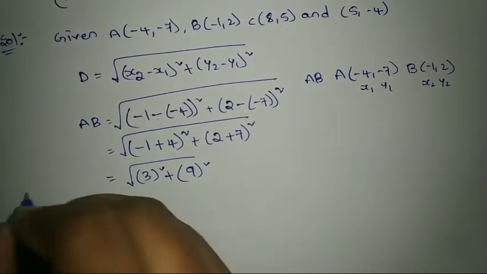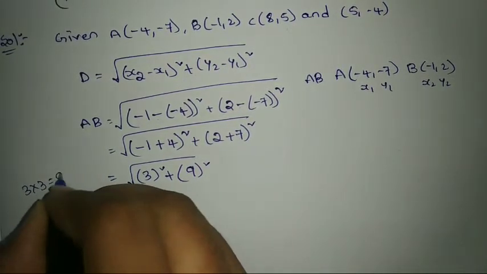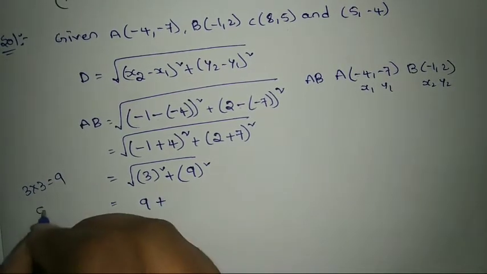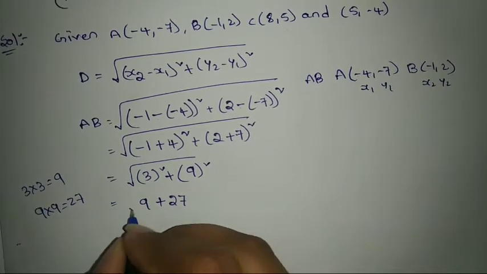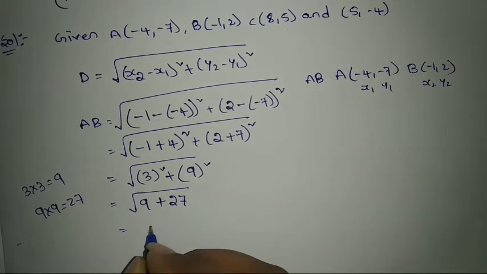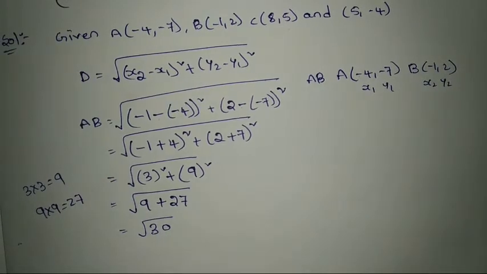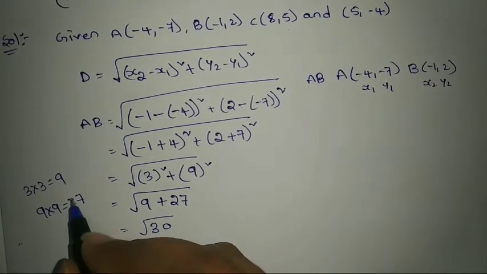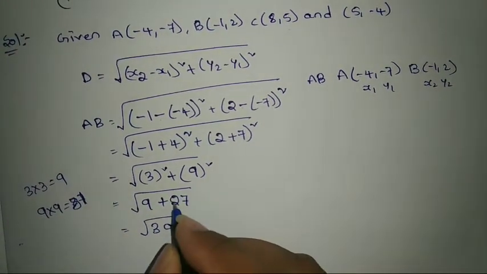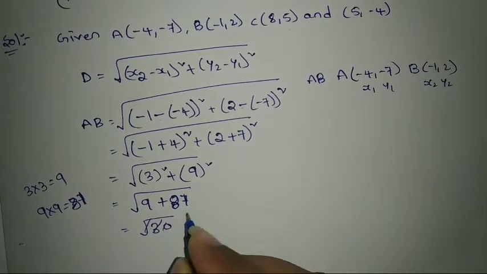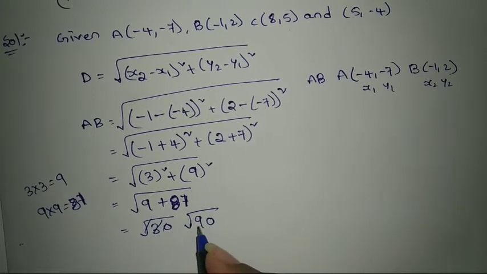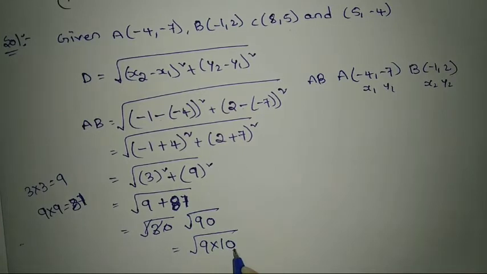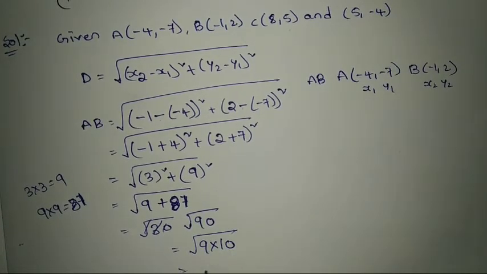So here 3 into 3 is equals to 9. 9 plus 9 into 9 equals to 81. Sorry, here 9 into 9 is equals to 81. So we got root 81 plus 9, 90. How can we write this 90? 9 into 10. 9 tens are 90. Root 9 value is 3.